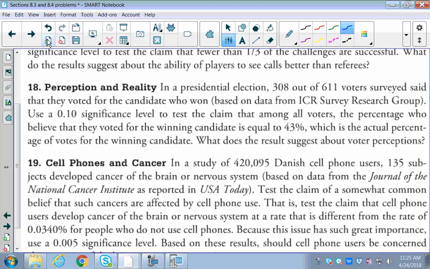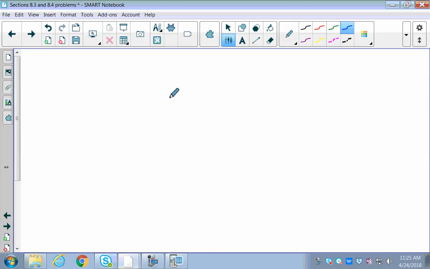Okay, let's get another page going here. First thing I want to do is write my claim. What's the claim? We already said it's a proportion, so I'm going to use a P. Tell me the claim. You're not looking at the paper. The percentage who believe that they voted for the winning candidate is equal to 43%.